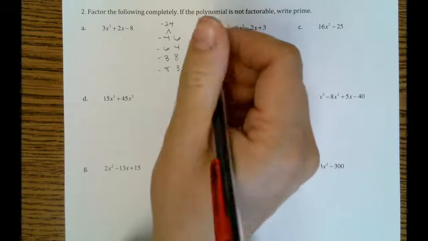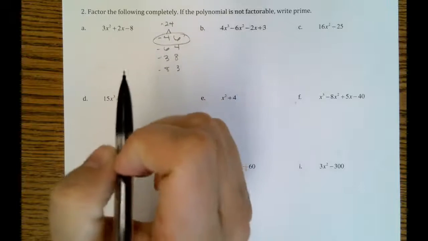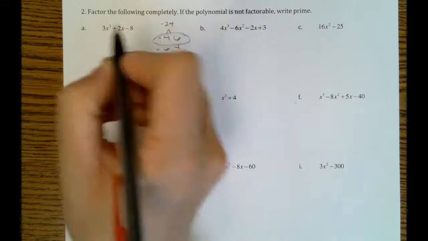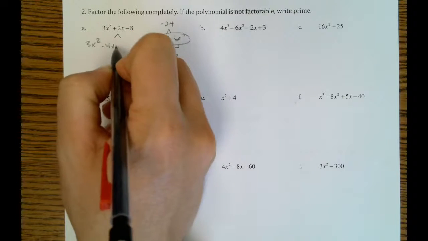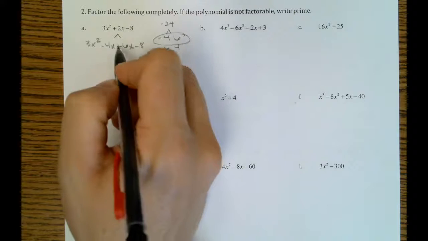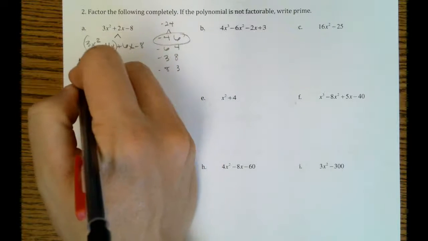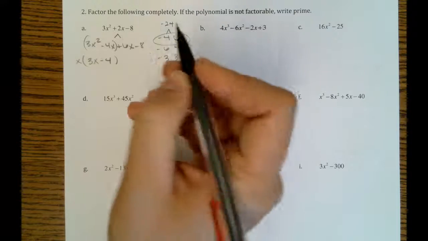Okay, so there's some. Let's see if any of these will work. We want to add to 2, so negative 4 and 6 would get us to 2, so that's great. So we'll have 3x squared minus 4x plus 6x minus 8. Factor out an x.